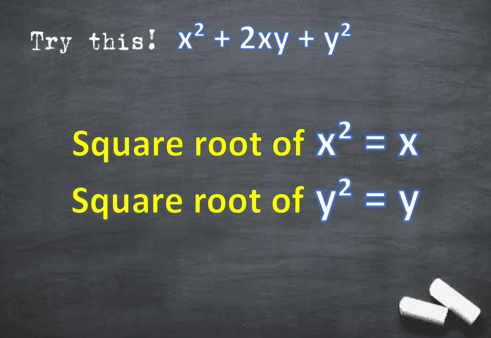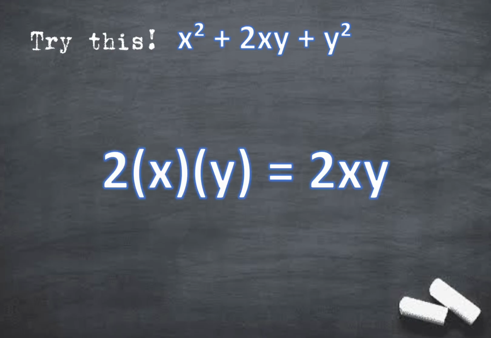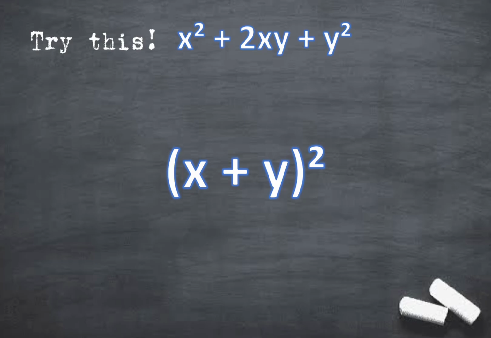Let us check. The first and last terms are perfect squares. The square root of x squared is x, and the square root of y squared is y. Now we confirm the middle term. 2 times x times y equals 2xy, which is true. If this is confirmed, then we write the factored form. So we have x plus y squared.